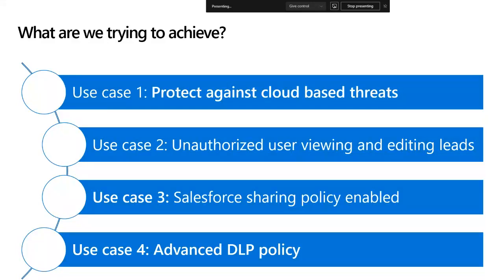In addition, the second use case that we will talk about is specific to Salesforce: to see an unauthorized user that is viewing or editing specific data in Salesforce that can usually be detected or defined as a potential breach.